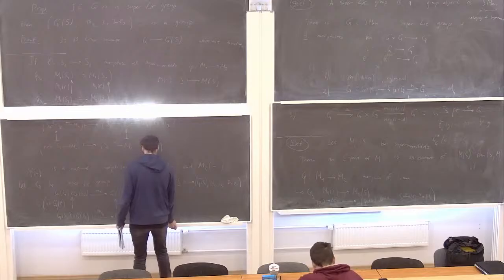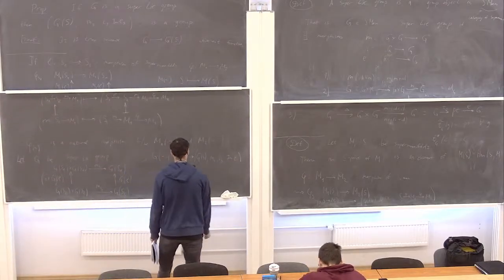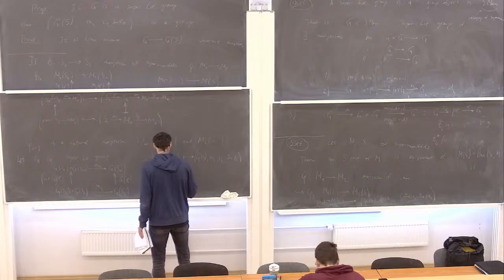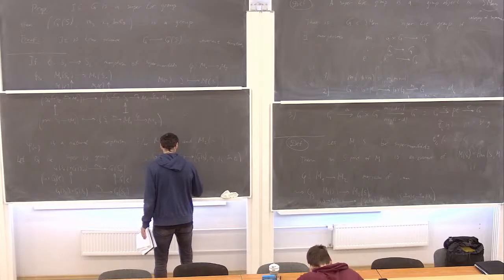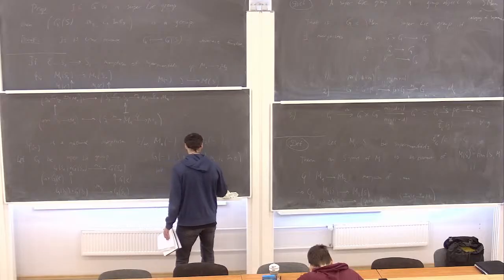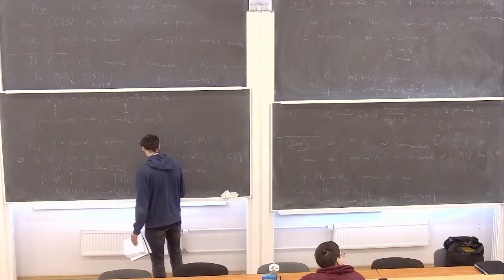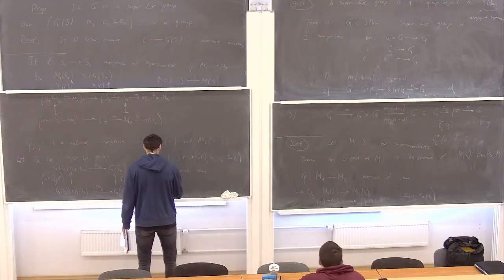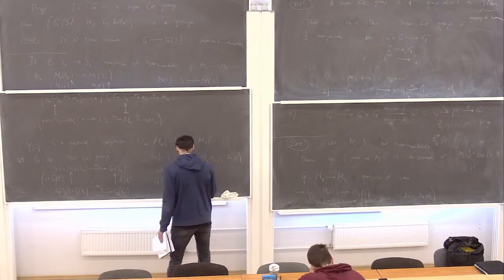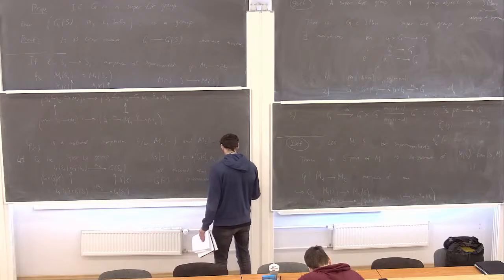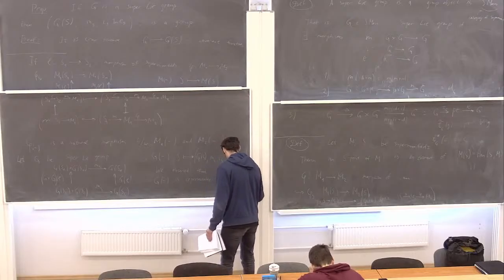Okay, so we observed that G is representable functor to the category of groups.